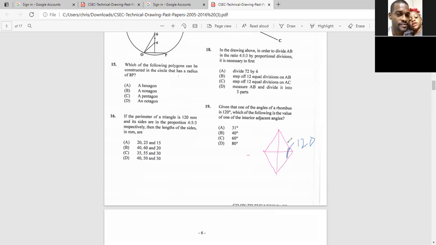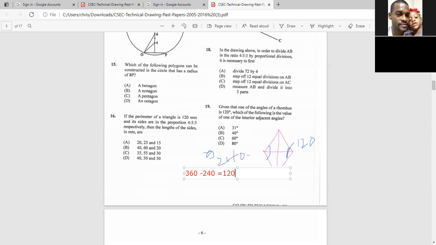Remember, all 4 angles must add up to give you 360. So this angle is also 120. This is 120. This is also 120. That would give you a total of 240. When we subtract 240 from 360, we're left with how much? 120, right?